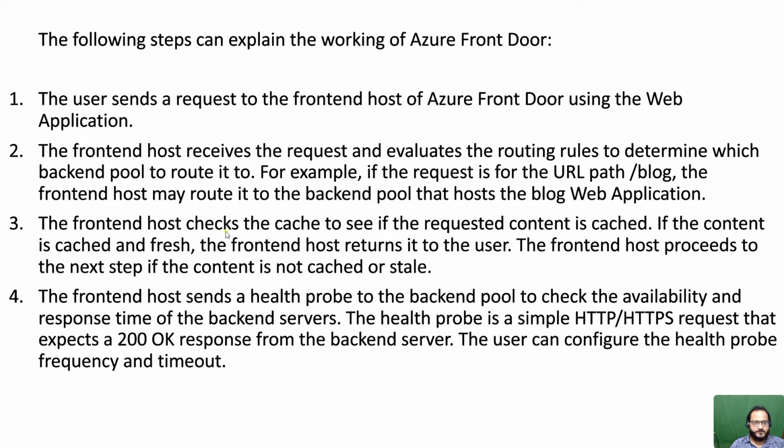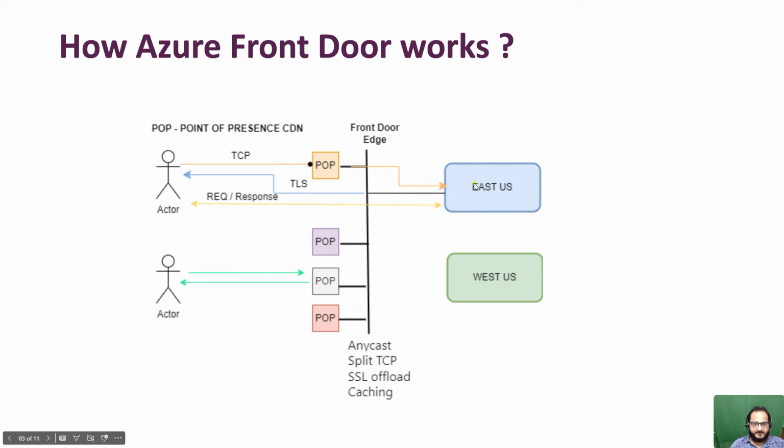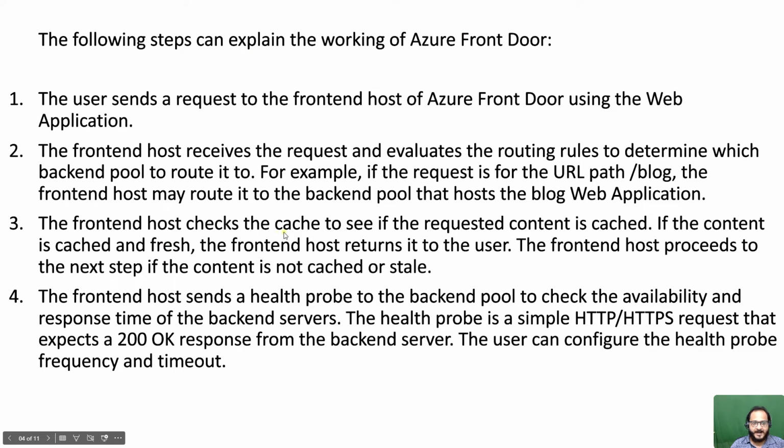Okay, so the front-end host checks the cache to see if the requested content is cached. That is what we discussed here. The first time it will establish the connection, get the data and cache it in the point of presence. So the front-end host checks the cache to see if the requested content is cached.